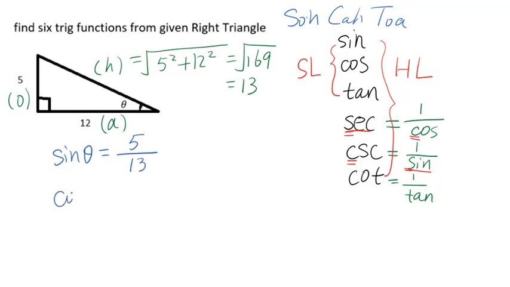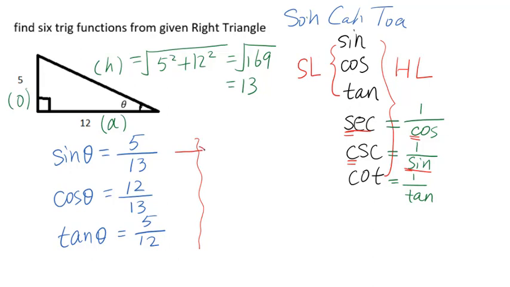Cosine theta equals A over H, 12 over 13. Tangent theta equals O over A, that's 5 over 12.